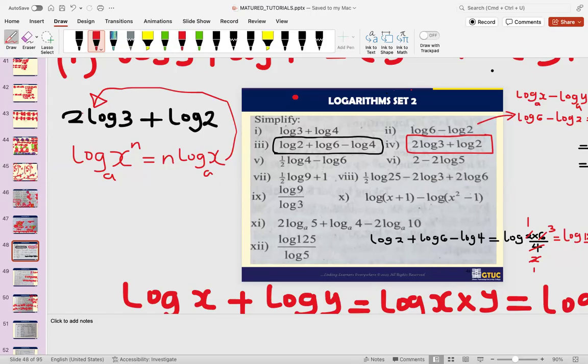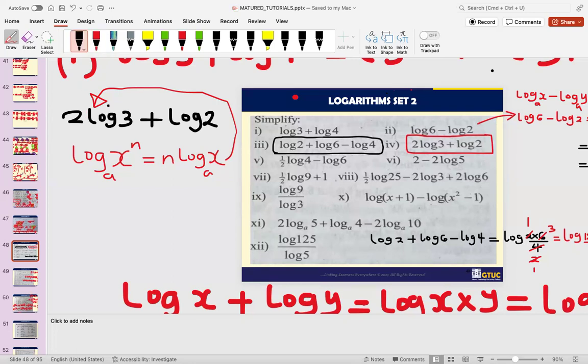So if we want to remove this 2, where are we sending it? We need to remember where it came from. The 2 came from on top of this 3. So we are sending it back so that we can free ourselves of any number at the back of the log.